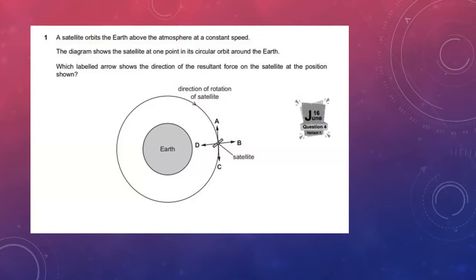Who can answer this question as you understand? Ahmed? Which labeled arrow shows the direction of the resultant force on the satellite at the position shown? C. C? What is your opinion, Ibrahim? Do you agree with this choice?